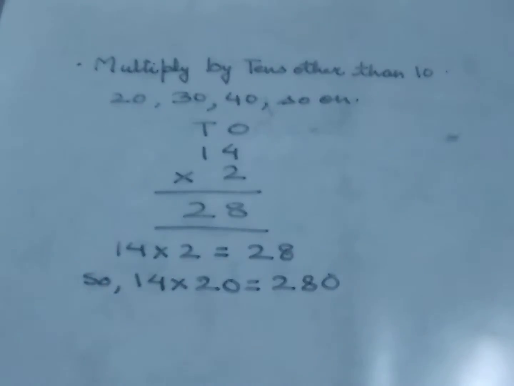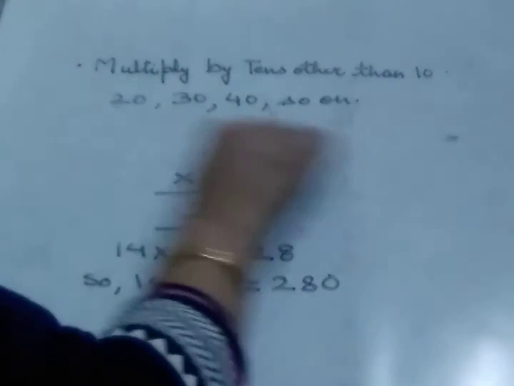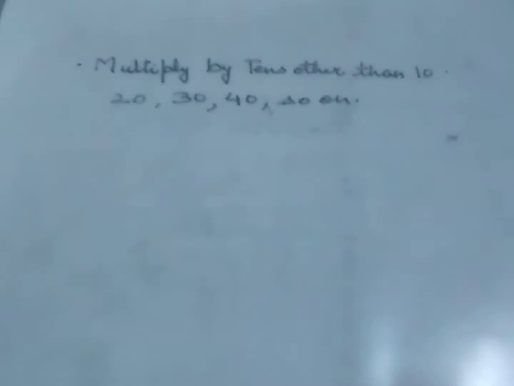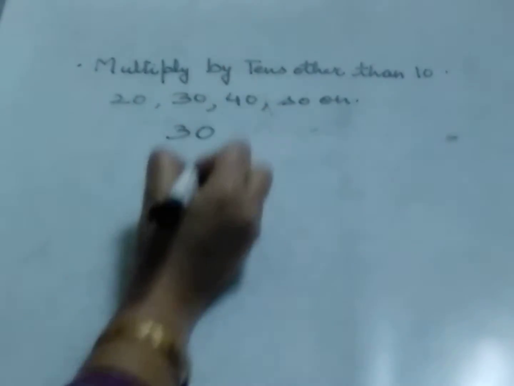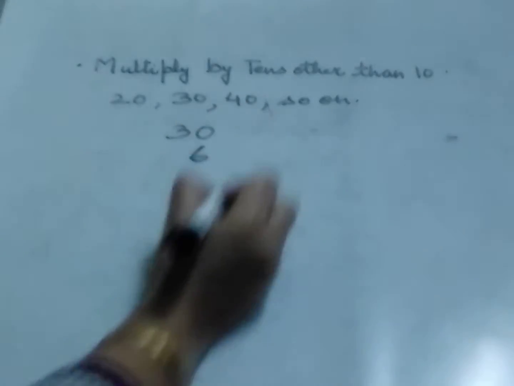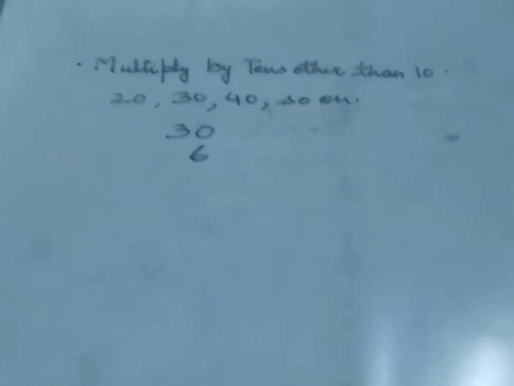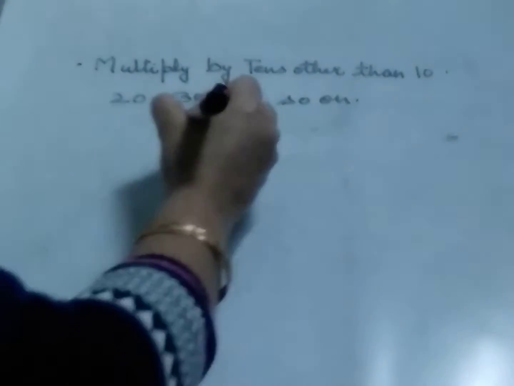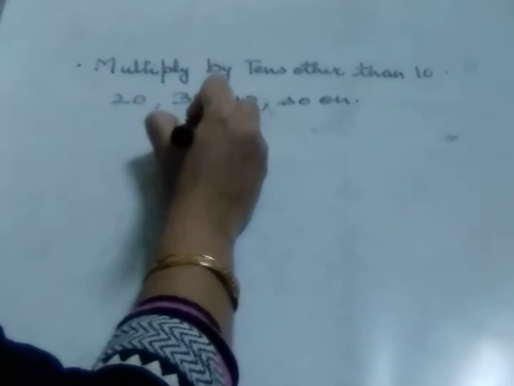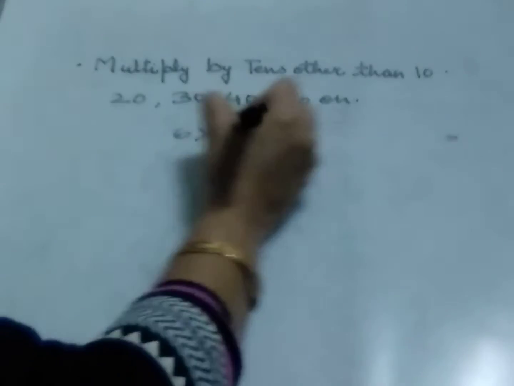Similarly, 30 multiplied by 6, or you can write it like this: 6 multiplied by 30.